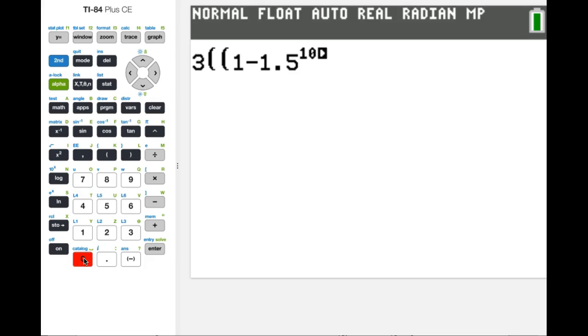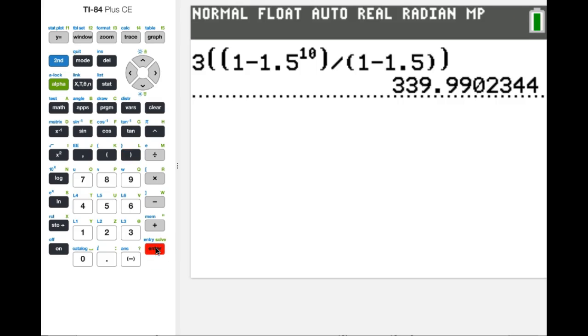Now notice my cursor is still up in the exponent, so I hit my gray right arrow to get out of it. Then I close off the numerator, say I'm going to divide that by the denominator and open up another set of parentheses. Then 1 minus 1.5, close off the denominator, and then close off that whole group. Notice those parentheses are a little bit bigger, so that tells you need to have the same number of left parentheses as right. So we notice we got 3 and 3, we're good to go.